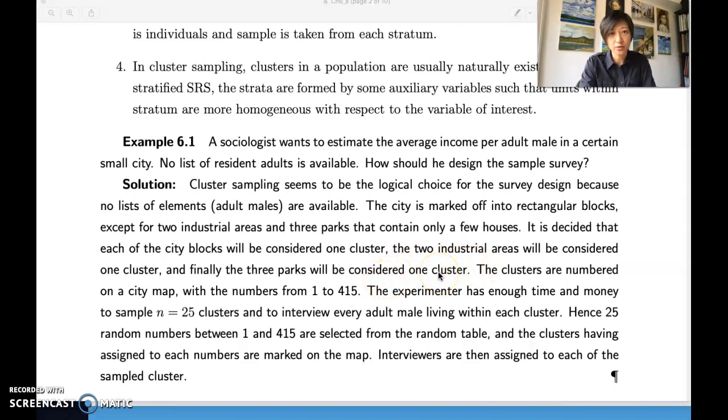If we divide the map this way and count altogether 415 clusters, then we randomly choose some of the clusters to be studied. If we are going for one-stage cluster sampling, then we choose, let's say, 25 clusters, mark those clusters on the map, and then go into each of the clusters and study them in full.